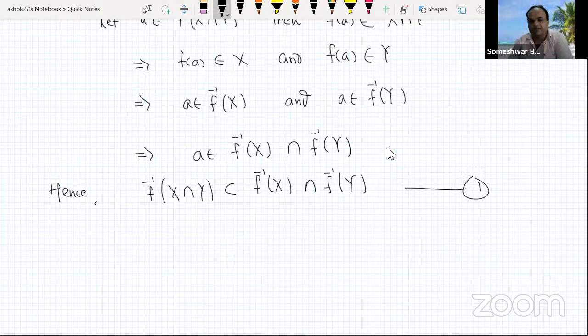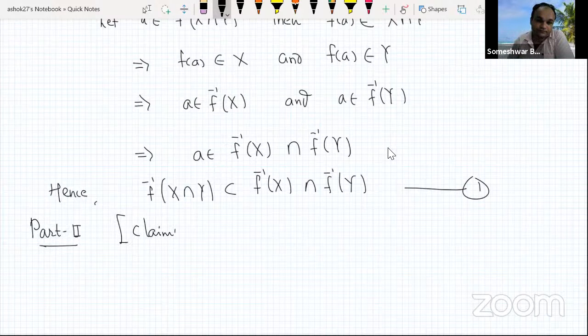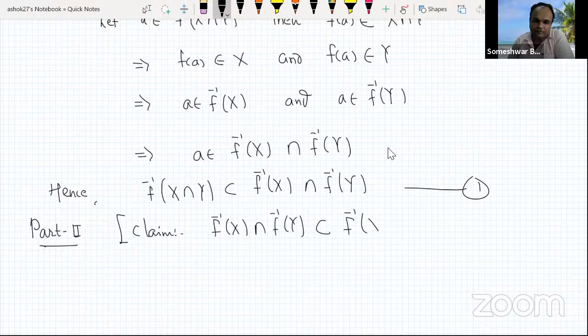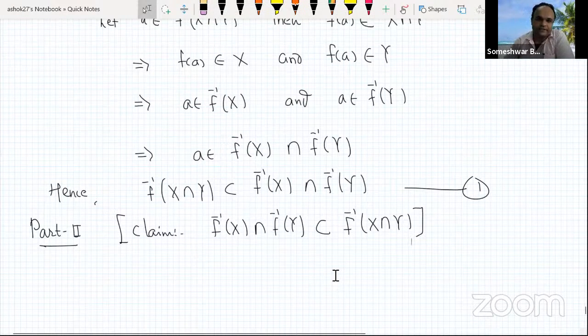In a similar way, what we did in the last theorem, part 2. Here our claim is that f inverse of X intersection f inverse of Y is a subset of f inverse of X intersection Y. For that, let us take one element from here and put it here.